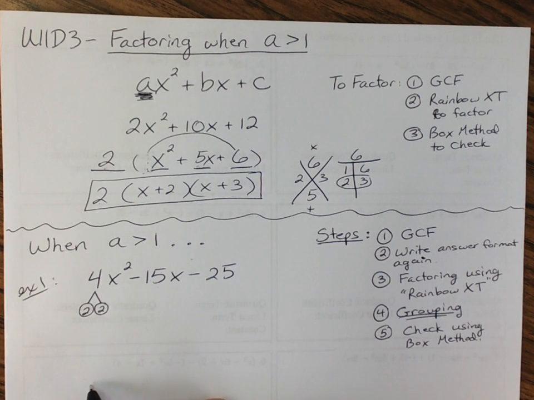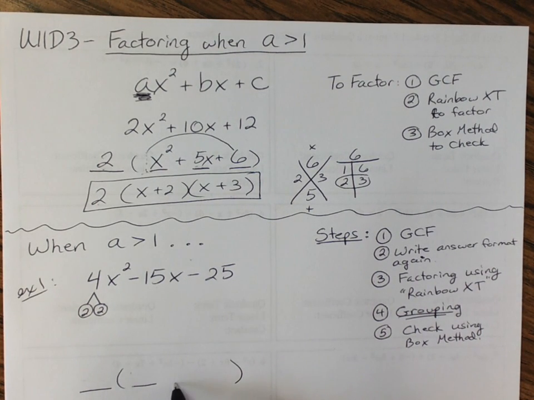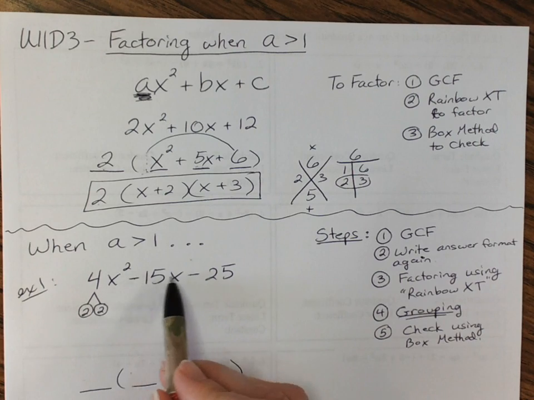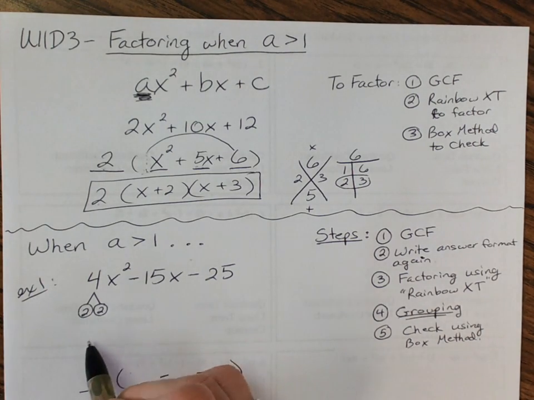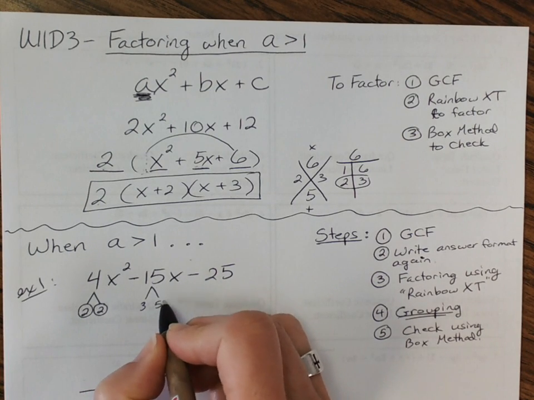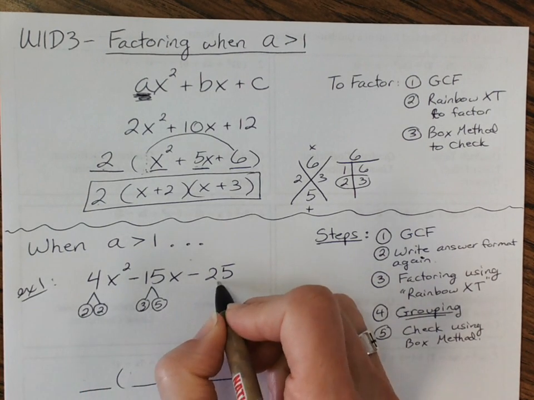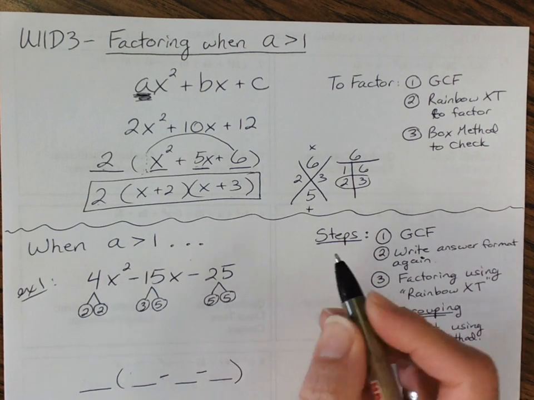So if I'm just finding the GCF, I've got GCF out front, and then I've got my 3 terms, and I have 2 minuses up here. So let me put my 2 minuses. And so I'm going to factor everything out. So this is 3 times 5, and those are both prime. And 25 is 5 times 5, and those are both prime.